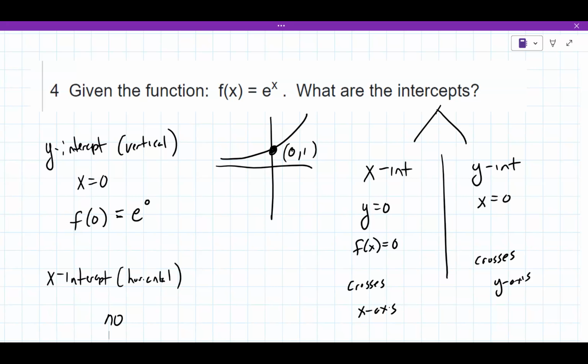So I wrote 0, comma 1 is the y-intercept. And you might say that there are no x-intercepts. Yep.